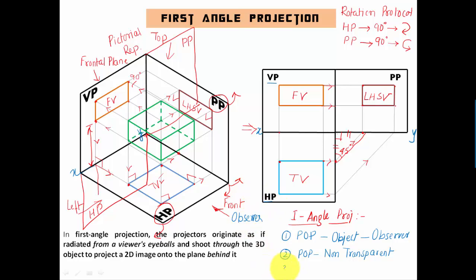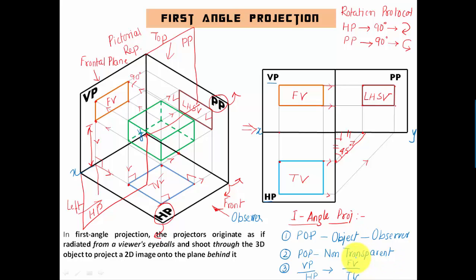So I'll write this over here. Now one more thing that's extremely important is we have the front view above the XY line, we have the top view below the XY line. So if this is the XY line, we have the front view above it and we have the top view below this. Fine. So this was basically a summary of first angle projection.